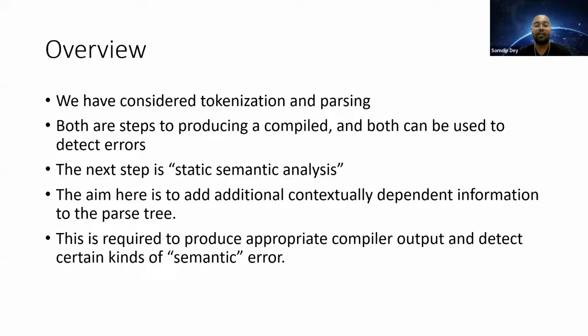But tokens have additional information that defines what the token is capable of doing. Those are called contextual dependent information. Static semantic analysis adds that information to the parse tree itself, and this is required to produce the appropriate compiler output and detect certain kinds of semantic errors that your program might have.